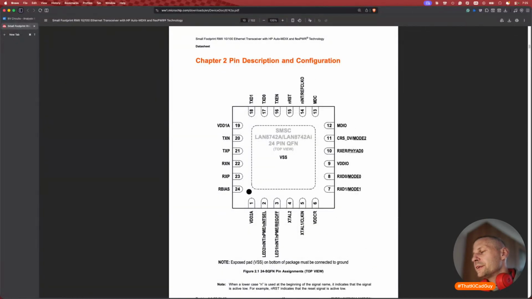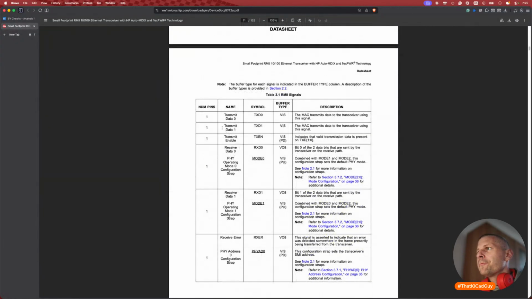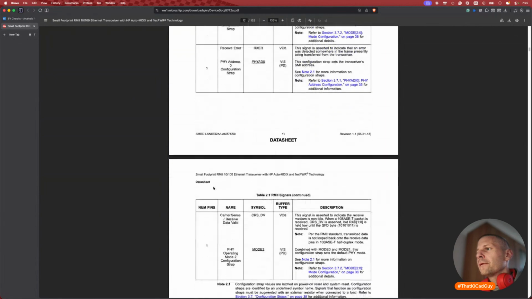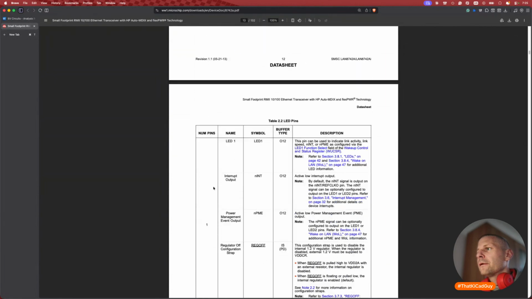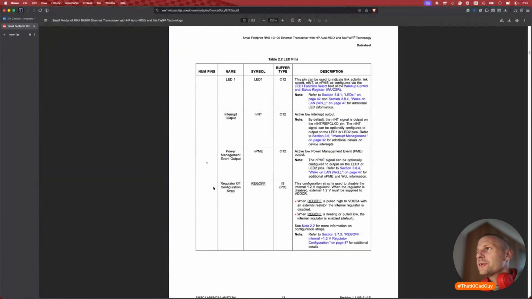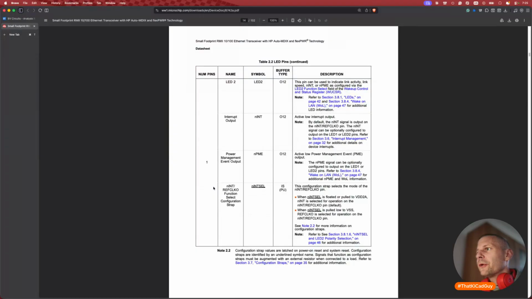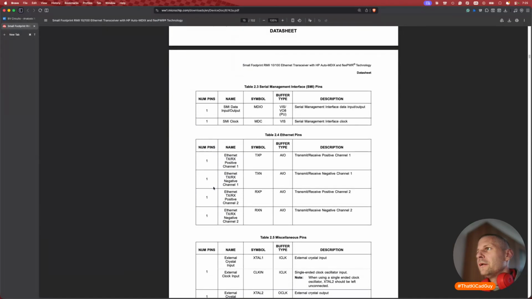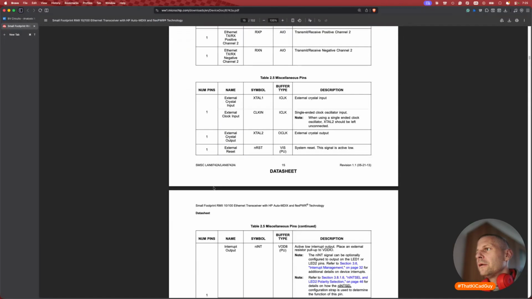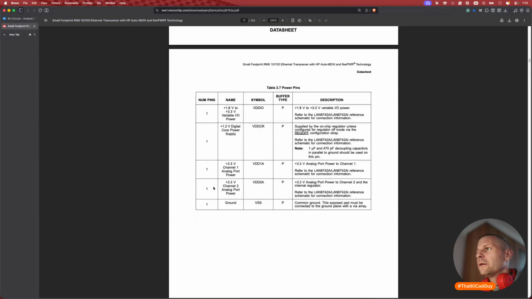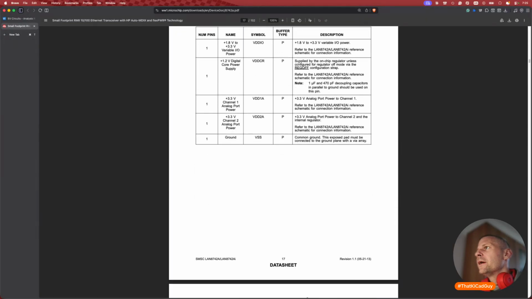VDD6, VDD-CR, in a mixed order, like symbolic order, not VDD-CR. Supplied by the on-chip regulator unless configured for regulator off mode.